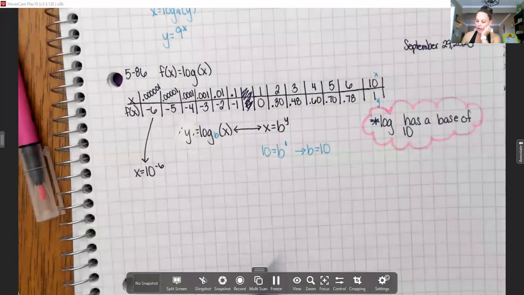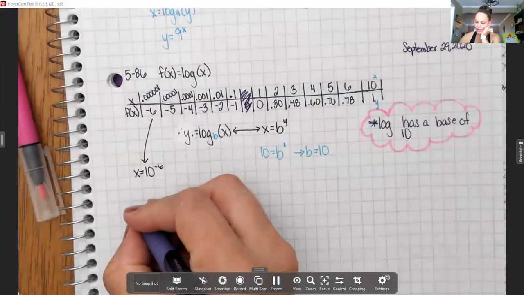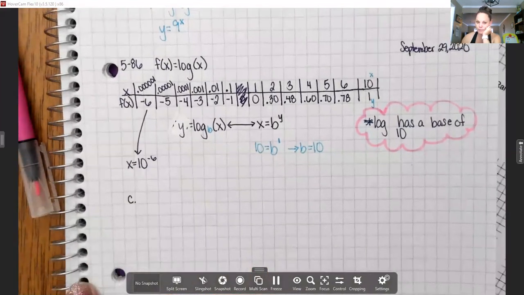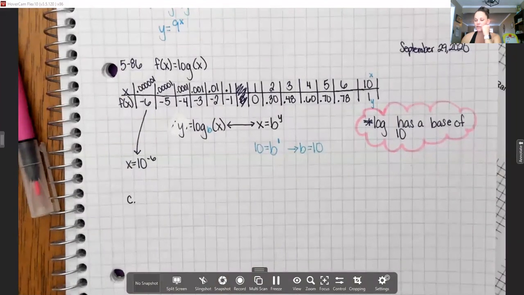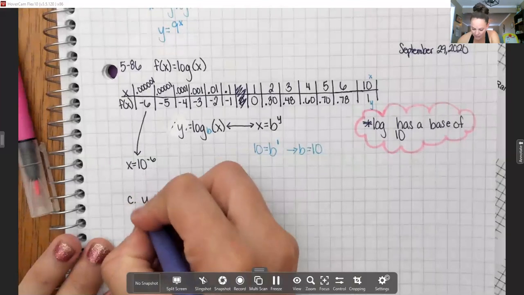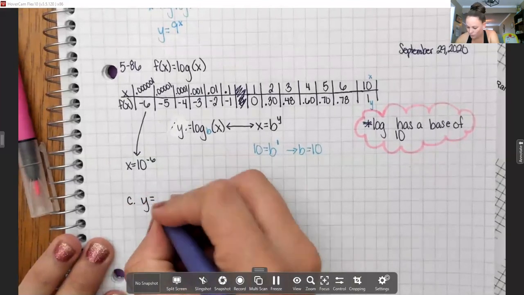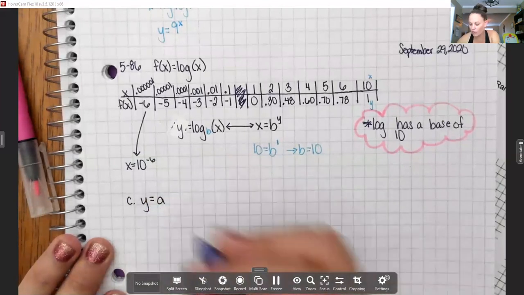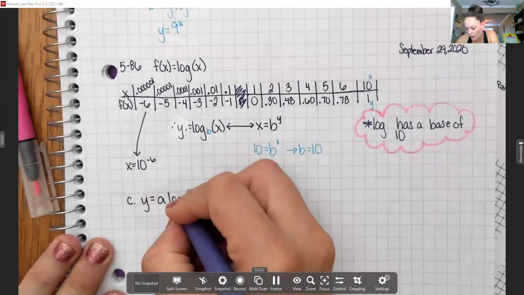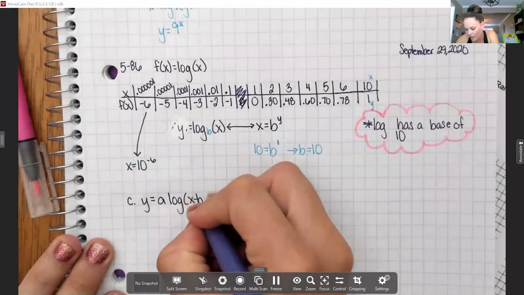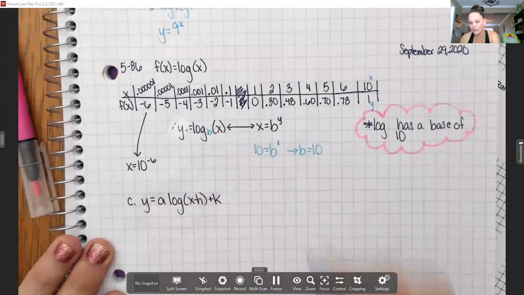However, moving forward here, they want us to think about all of our parent graphs, the A, H, and K. We can write this the same exact way. So y equals A times log of x minus h plus k.